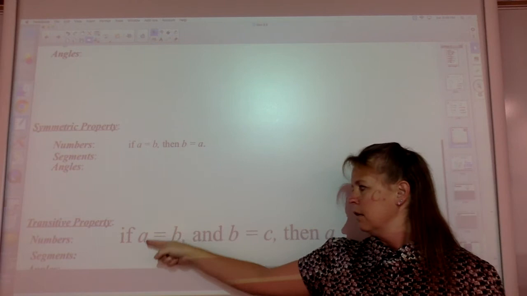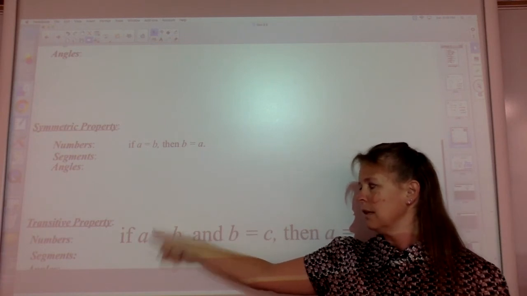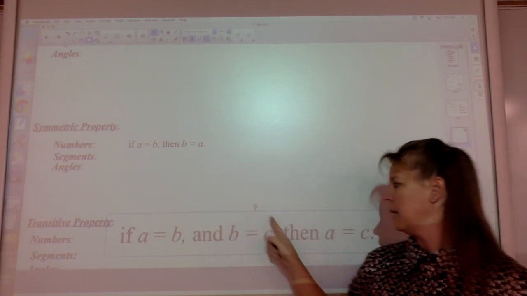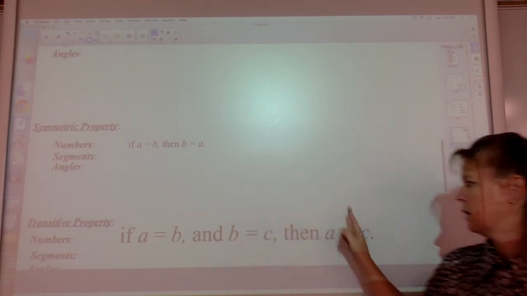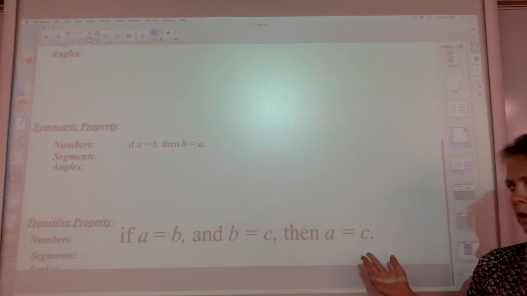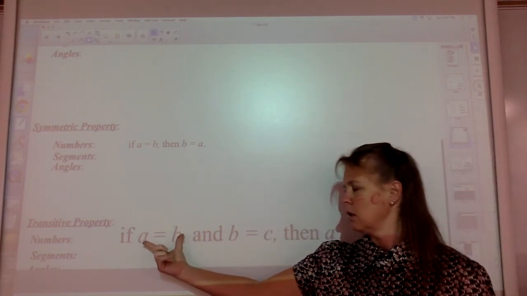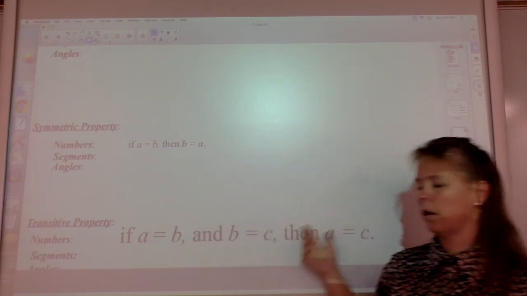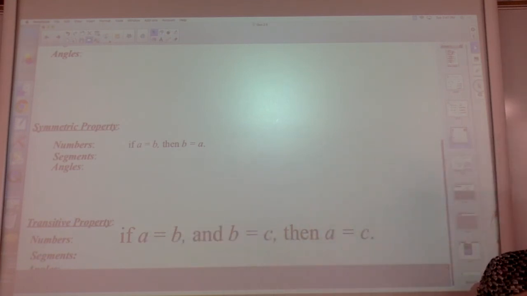If Zoe is the same age as Joey, and Joey is the same age as Chloe, then aren't Zoe and Chloe the same age also, without me telling you that? She's the same age as Joey. Joey's the same age as Chloe. Zoe and Chloe, in conclusion, must also be the same age.